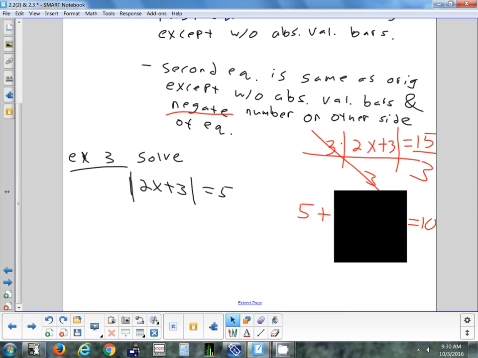It doesn't matter what's in the absolute values right now. You can't even look at what's in the absolute values. All I know is I have to get rid of everything that's next to them. Pretend that that absolute value is just one big block, you can't even see it, and get rid of everything that's next to it.